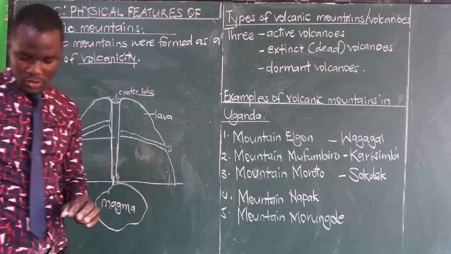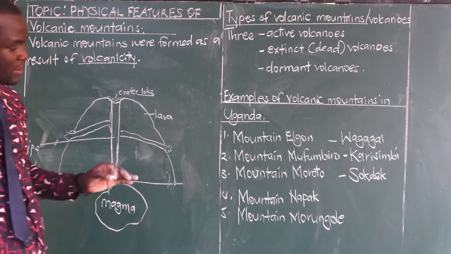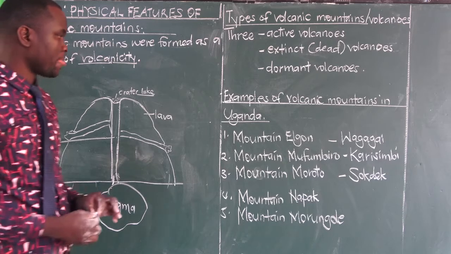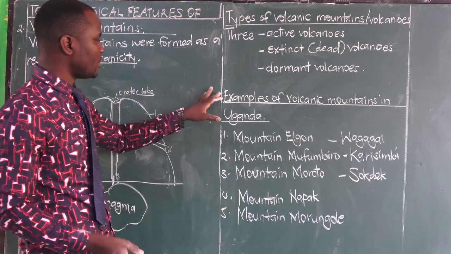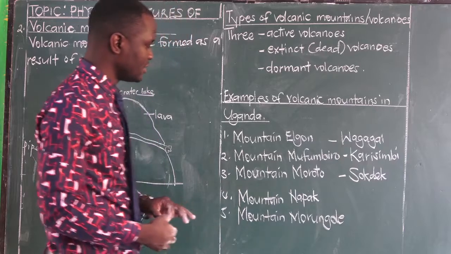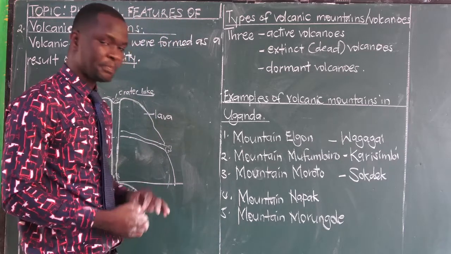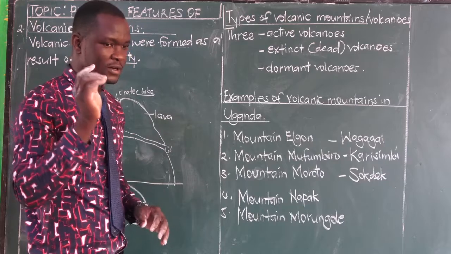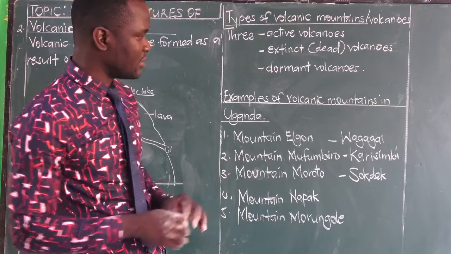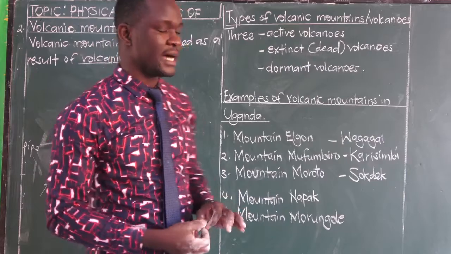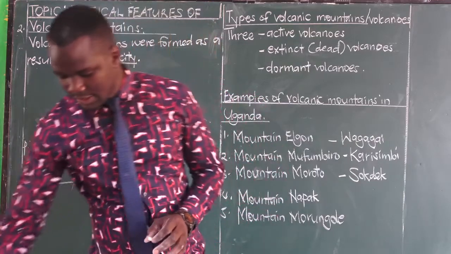You will be able to trace them, and other mountains that we are not putting here. So these are the examples of volcanic mountains that we have in Uganda. Remember, we have said Uganda has only one block mountain, that is Mountain Rwenzori with its peak as Margarita.